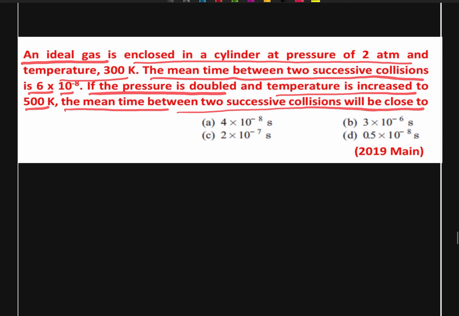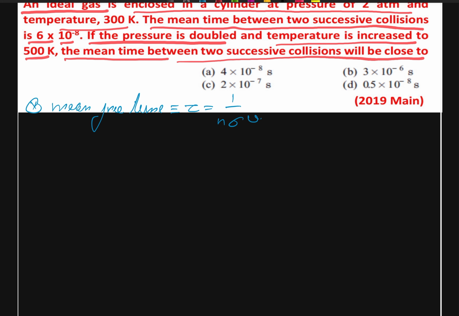So you can say that mean free time tau is equal to 1 upon n sigma V. Here n is our number density, sigma is our collision cross section, and V is the average speed.